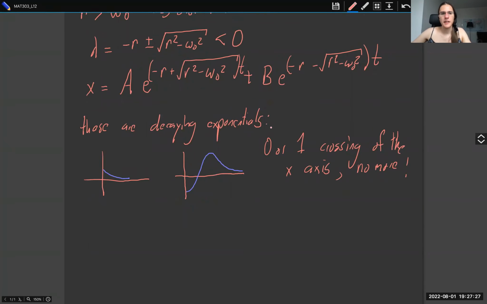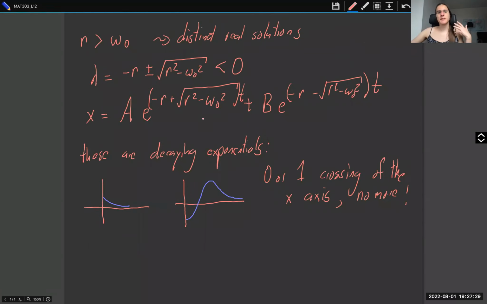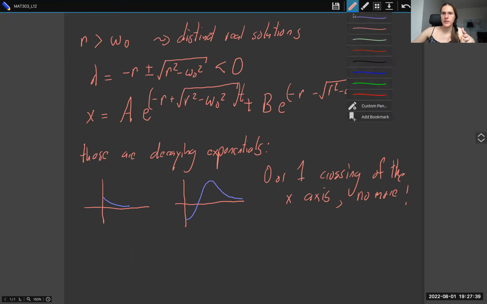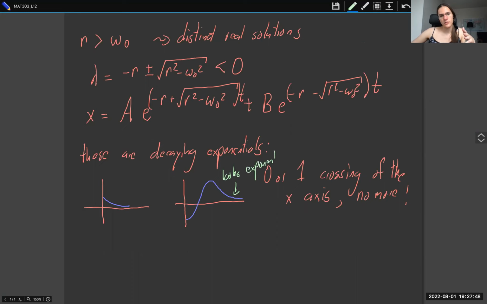Right. So this is not a periodic motion. And it's not an oscillatory motion either. It can rebound at most once, but then it decays exponentially. So this looks like exponential decaying.